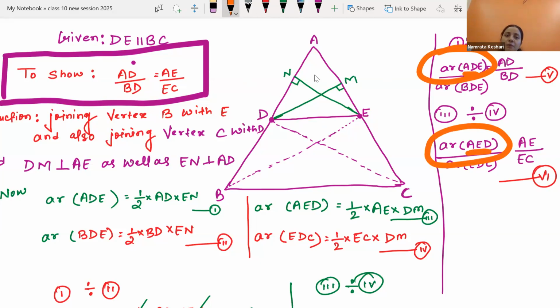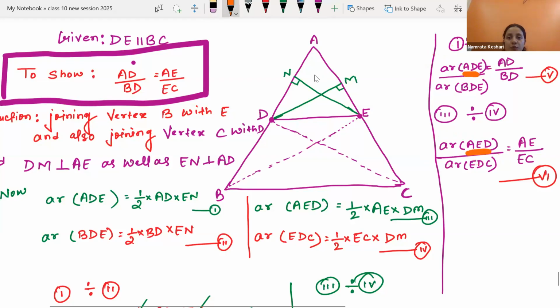Can we say that? Yes, Afrin, Rayan, Samia, Inan. Can we say the numerator is already same? Yes, ma'am. If the denominator will also be same, then we can say that LHS is exactly same, hence the RHS will also be same.